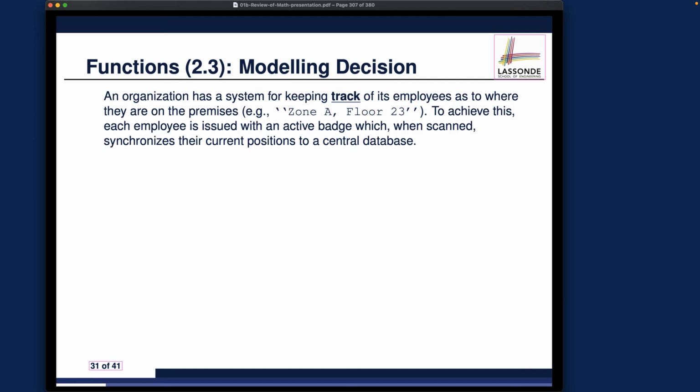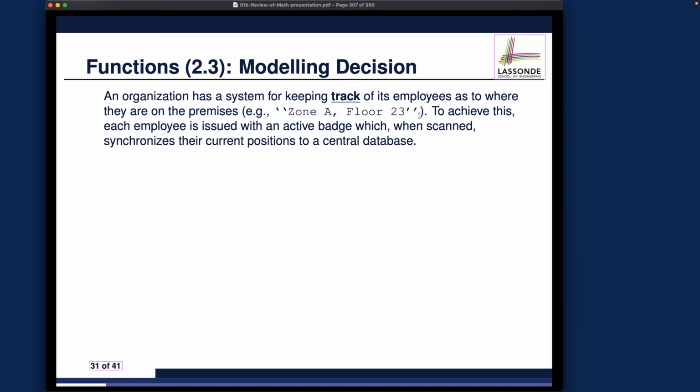Let's now do one exercise here about making a modeling decision. Let's read through the problem description together, and then I'll give you some startup artifacts, like what's given as assumption, and then I'll let you pause the video and think about how you may model them. Okay. An organization has a system for keeping track of its employees as to where they are on the premises. For example, an employee may be in Room A, floor number 23.